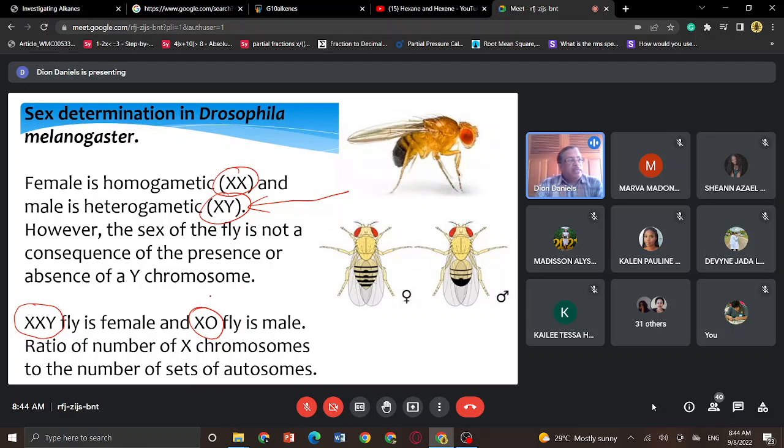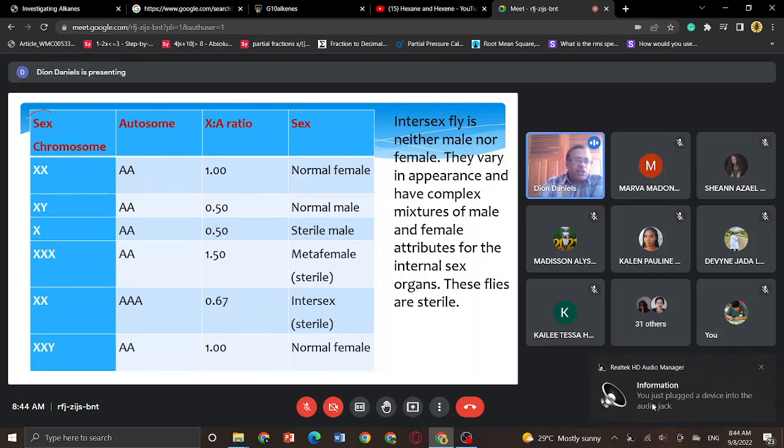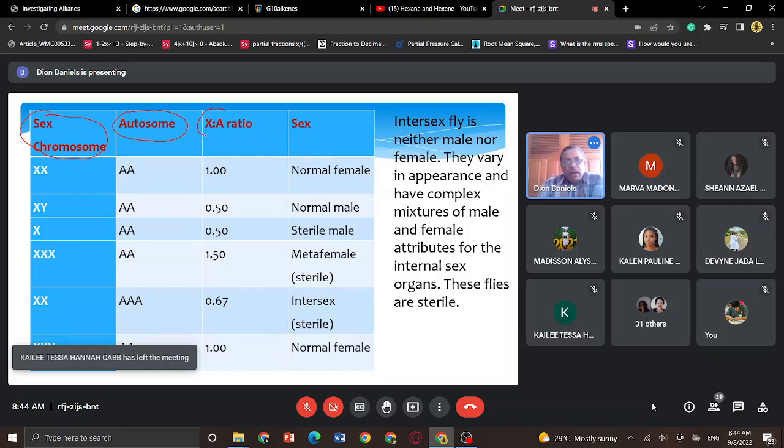So this table that I have here will help to explain that a little bit better. Here we have sex chromosomes on the first column to the left. The next column would be autosomes, and then the next column would be the ratio between the X chromosome and the autosome, and it is based on this ratio that you'll determine the sex of the organism. So let's look at the first row.